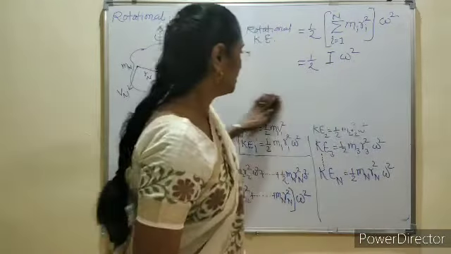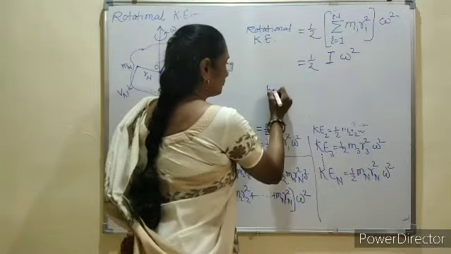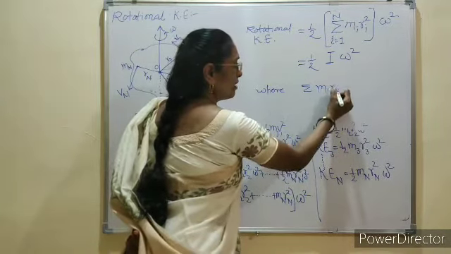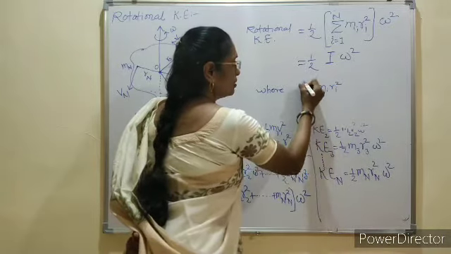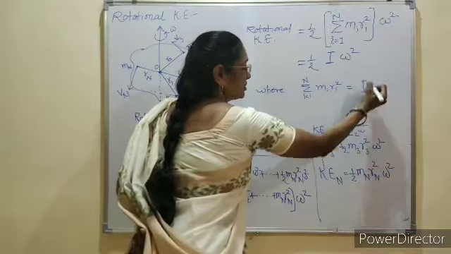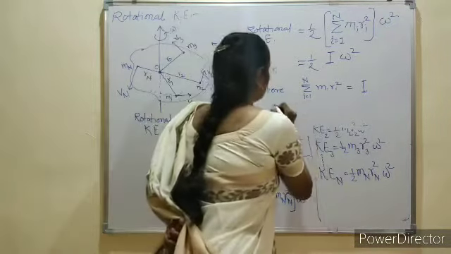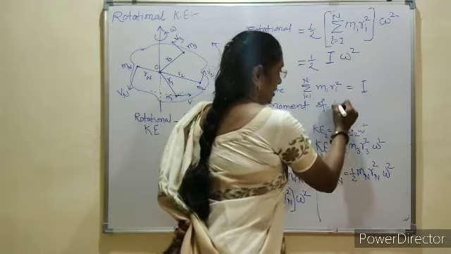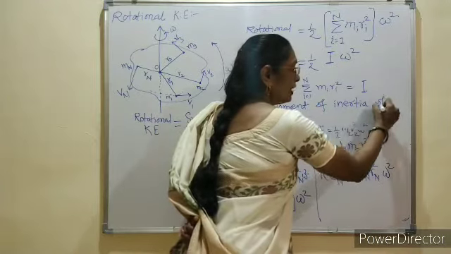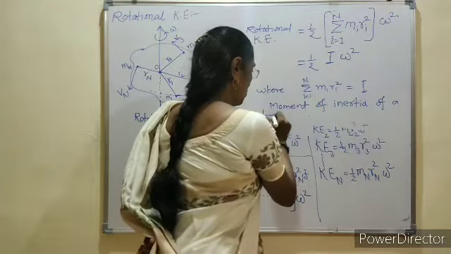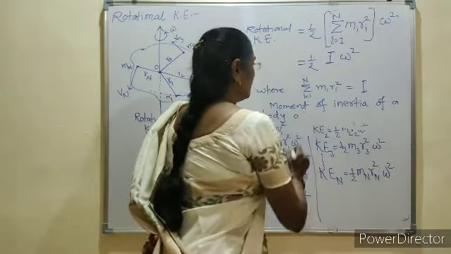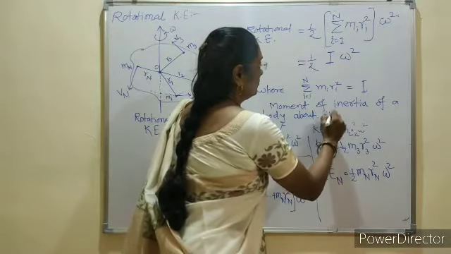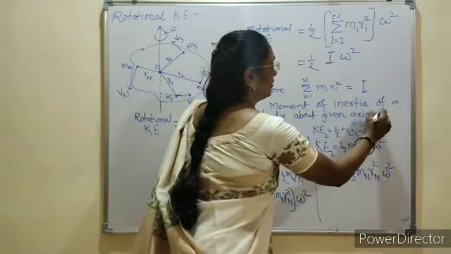Here we write it like this, where summation of M_i R_i square, where i varies from 1 to n, represents the quantity I, called the moment of inertia of a body or of the object about a given axis of rotation.